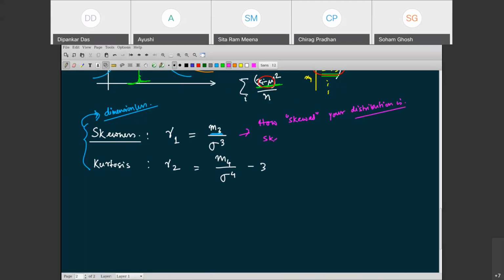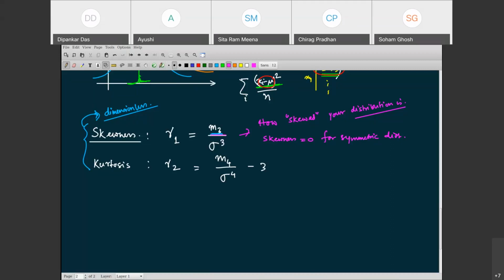So skewness equals 0 for a symmetric distribution. Okay, and distributions that are weighted heavily towards the larger values of x, that means it shows a bias towards x greater than mu, will have a positive skewness, and a distribution which is inclined more towards the lower values of x will have a negative skewness, because skewness is proportional to m3, and m3 is proportional to x minus mu whole cube.